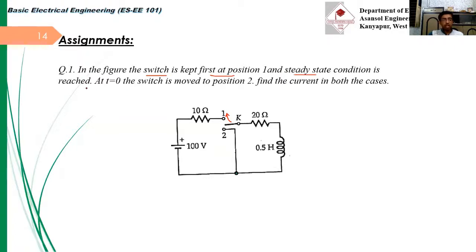Okay, at t equals 0, the switch is moved to position 2. At that time, this path is totally off and this RL circuit becomes decaying in nature. So you have to find the current in both the cases. Okay, so try this problem.